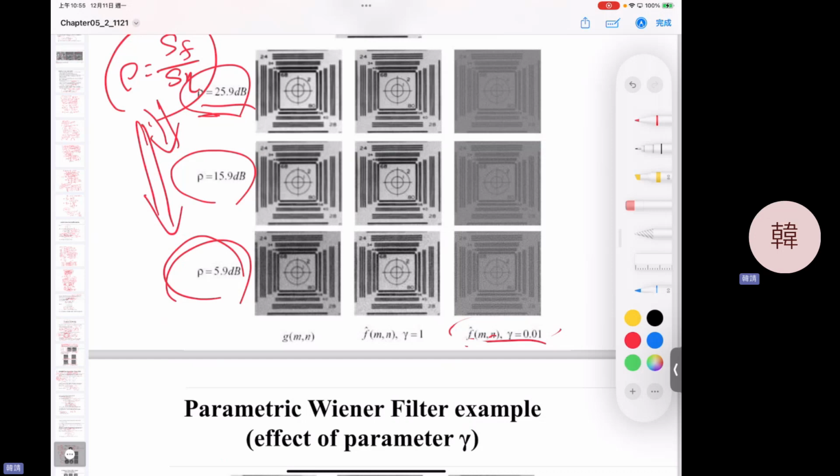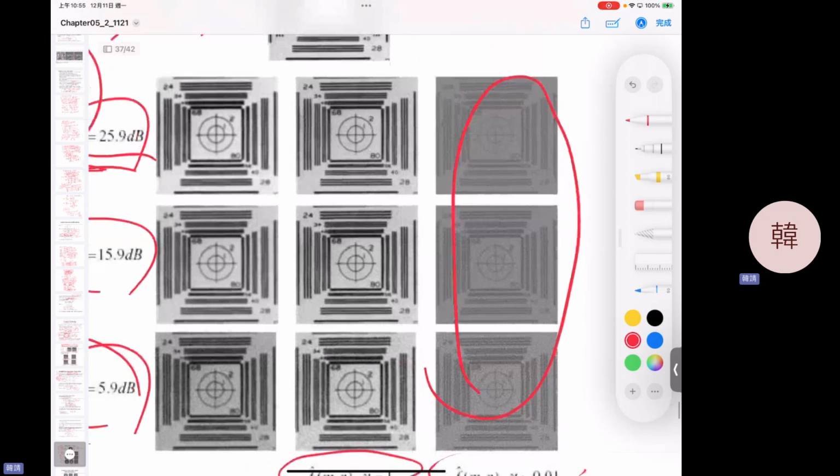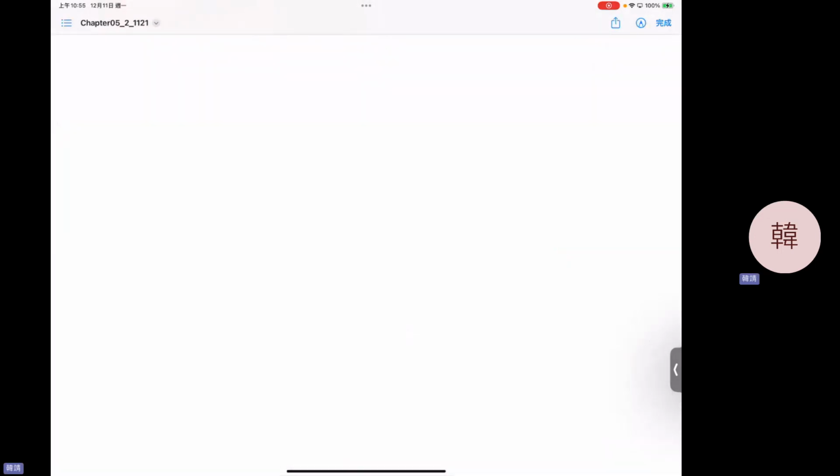Unfortunately, no matter what the signal noise ratio condition is, it's all bad because gamma is small. However, if you use a Wiener filter, you can see the result is much better than that one.